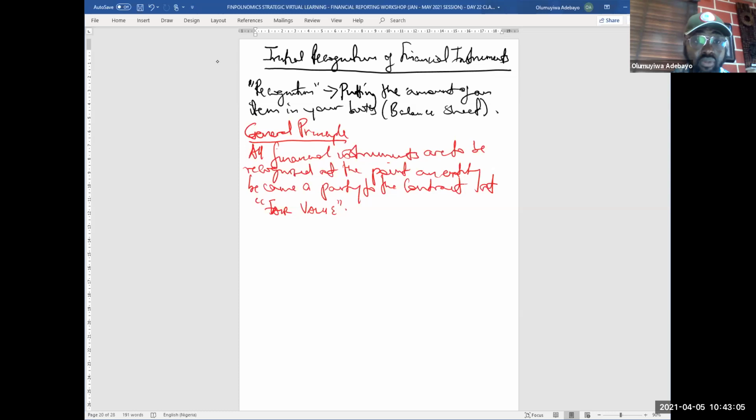The value at which a financial asset, a financial liability, or equity instrument is recognized at initiation, at the point at which you became a party to it, must be fair value. And we know what fair value is, but there's a presumption here.